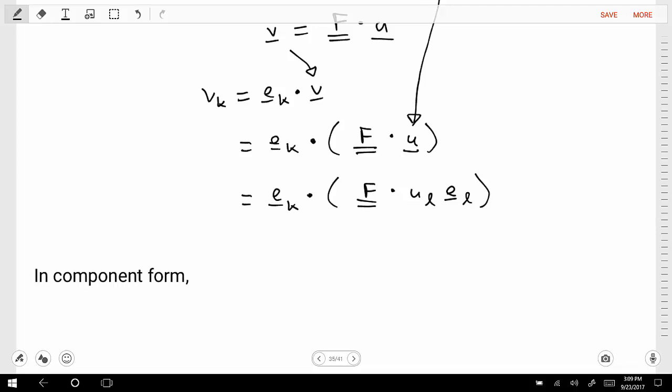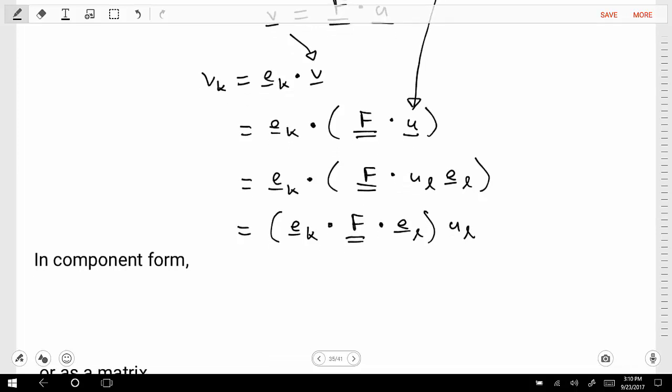Using the knowledge that scalar quantities are commutative, we can pull this u out and do our operation as follows: the base vector k dot tensor F dot base vector l, all of that times this scalar ul.